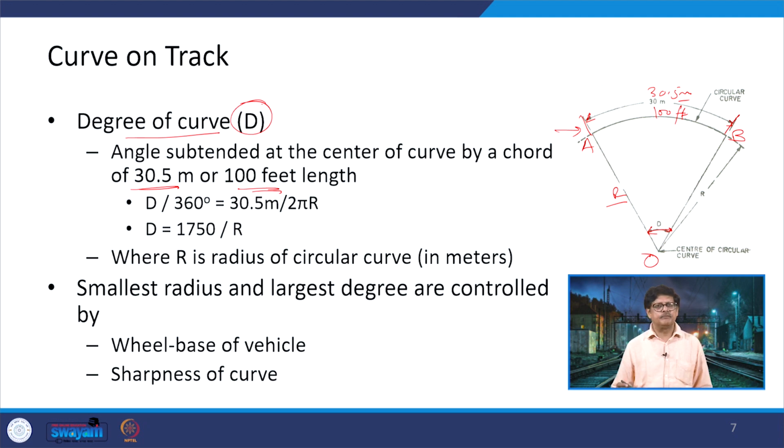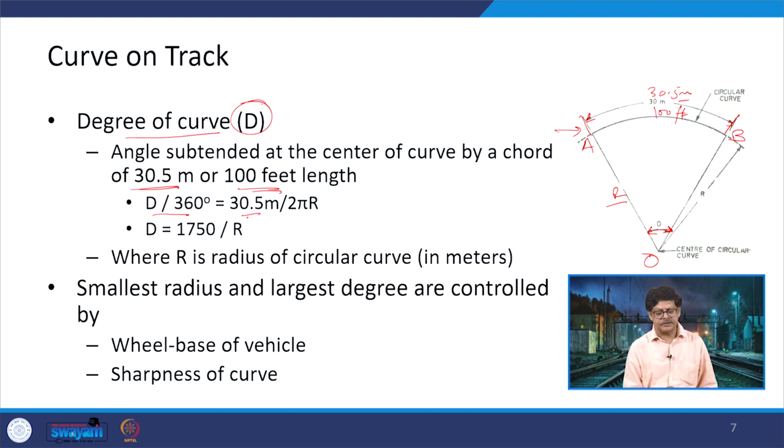Considering the geometry or the properties of this particular section, this D degree is with respect to the 360 degrees. So, D divided by 360 is the ratio, and the other ratio we can take is the length of the arc with respect to the perimeter.